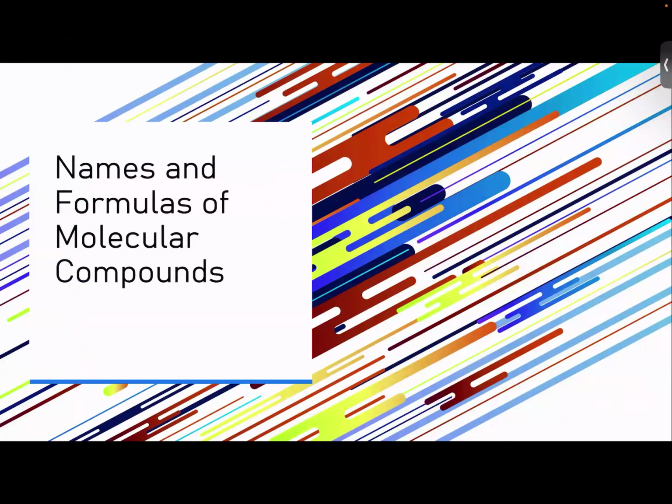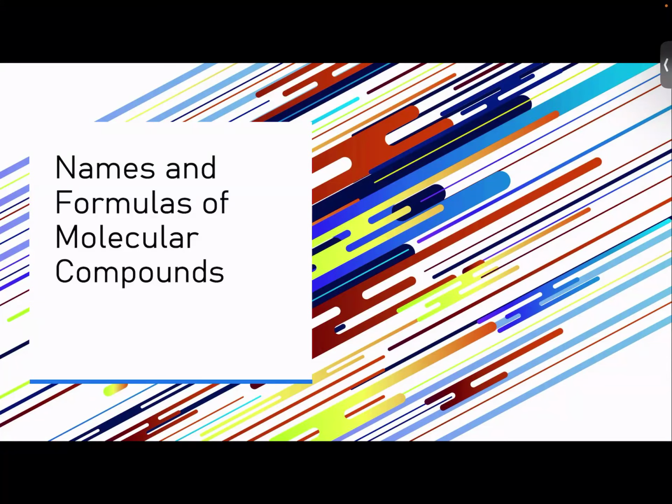And what we're going to start with is names of molecular compounds. So just to recap this particular chapter or chapters, what we have been working on in class and in the laboratory is chapters 4, 5, and 6 of your textbook. Chapter 4 was a very meaty chapter.